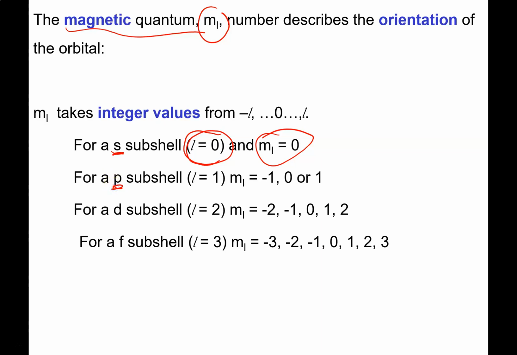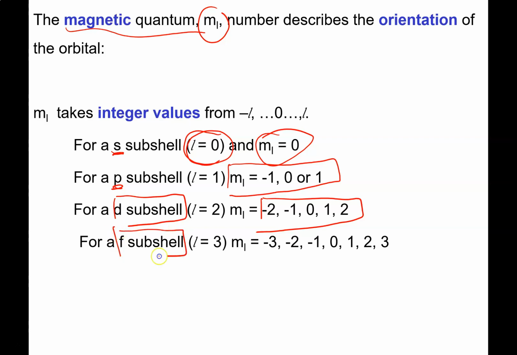For a P subshell, or a p orbital, there are three possible orientations. For a d subshell, there are 5 possible values of ml, and for an f subshell, there are 7 possible values for ml. Those numbers are probably familiar to you: 1, 3, 5, and 7.